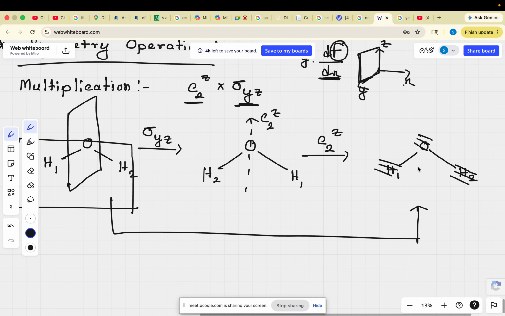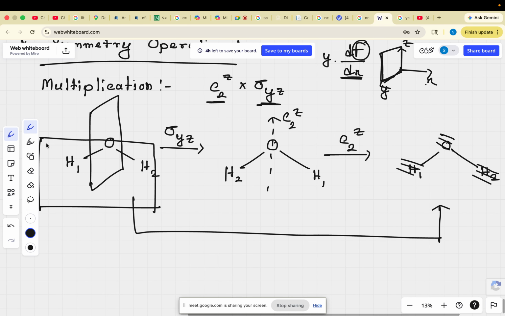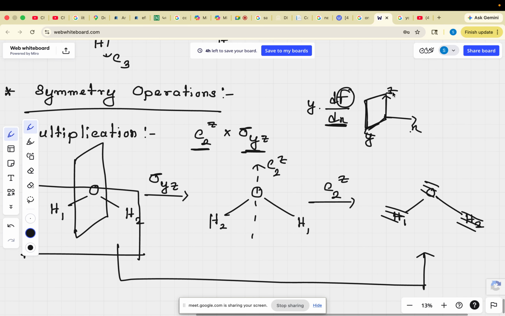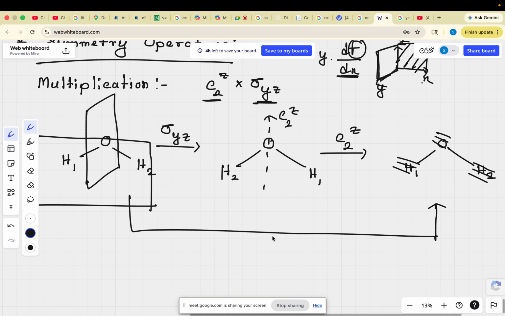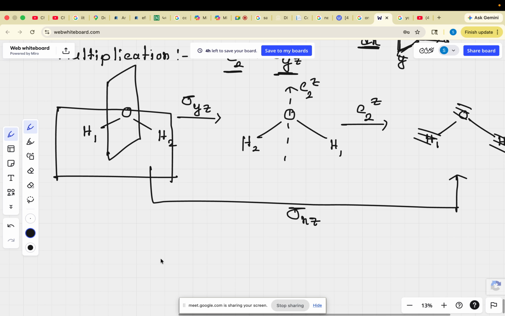That will be the mirror image. This plane in front that I am placing, what plane is this? XZ, no? So this is your sigma XZ. So what can I conclude? I can conclude that C2Z times sigma of YZ will be equal to sigma XZ.